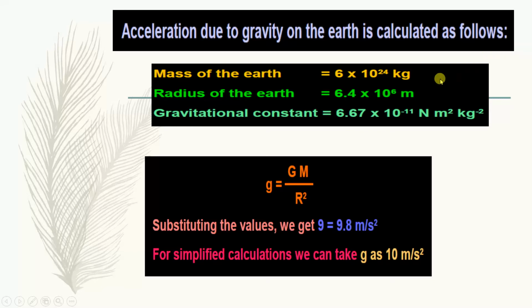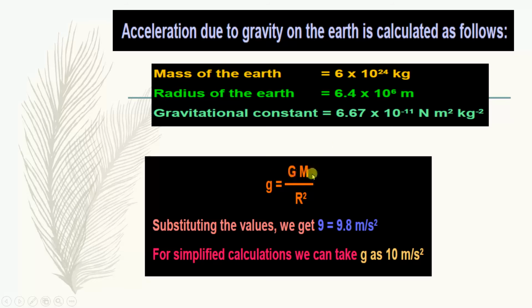And the gravitational constant is the value we discussed in the previous lecture: 6.67 into 10 raised to power -11 Newton meter square per kg square. Now if we substitute these values in the formula G M upon r square, r is repeating twice. All these values 6, 6.4 and 6.67 are almost equivalent to 6.